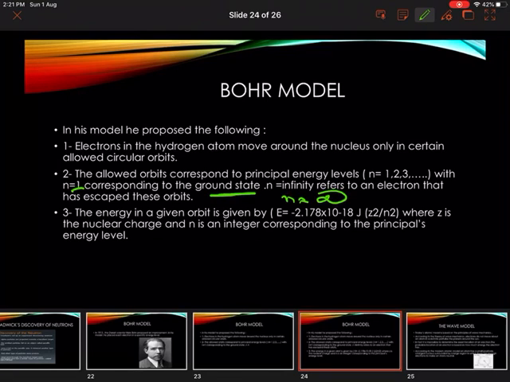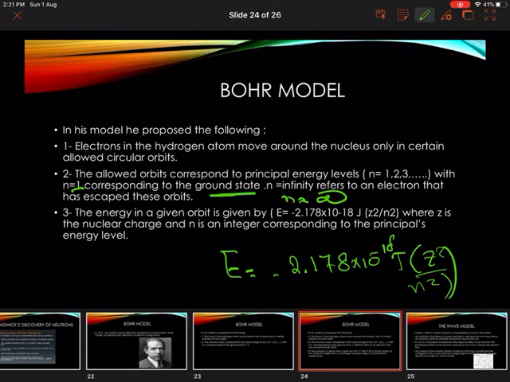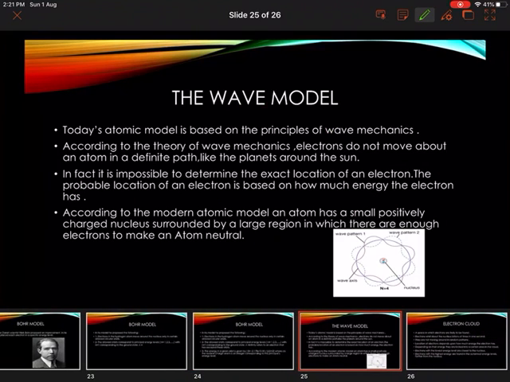How to calculate the energy in a given orbit? It's minus 2.178 times 10 to the negative 18 joule, which we will use a lot in solving problems, times Z squared over n squared, where Z is the nuclear charge and n is the integer representing the principal energy level.